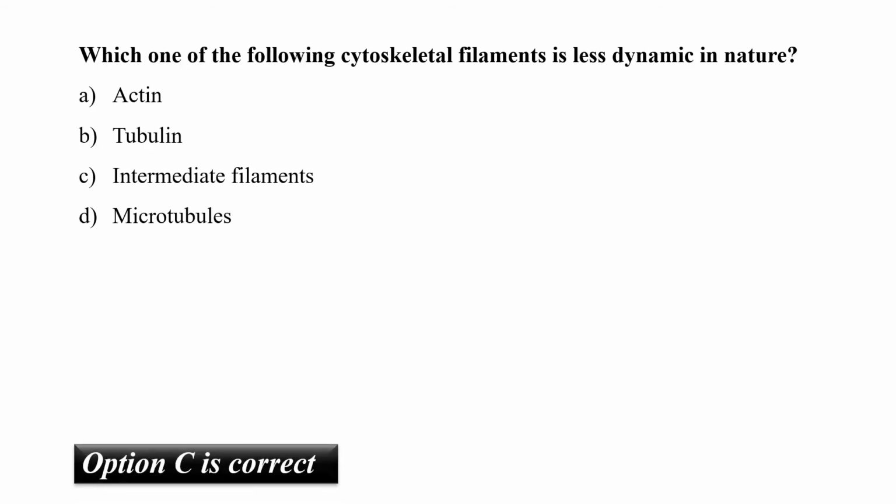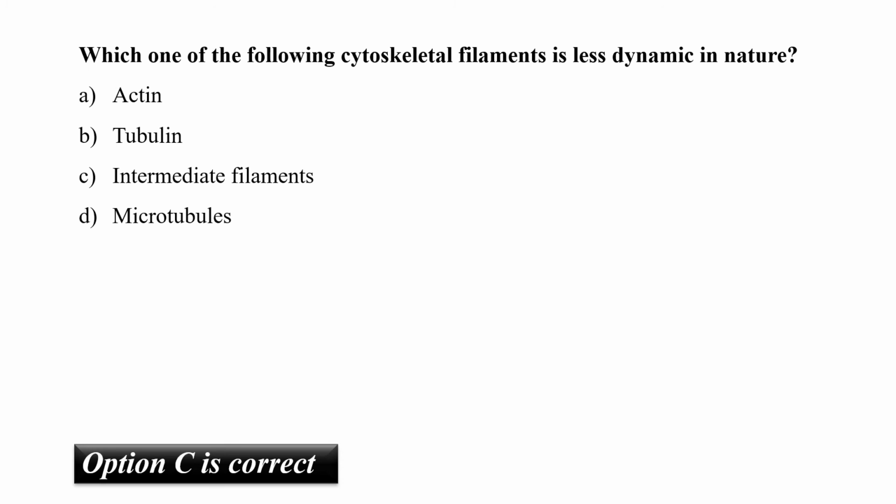Our next question is, which one of the following cytoskeletal filaments is less dynamic in nature? And the correct answer to this question is option number C, intermediate filament. The cytoskeleton is a dynamic structure where three major filaments and tubules are under the influence of various proteins that regulate their length, the state of polymerization, and their level of cross-linking.